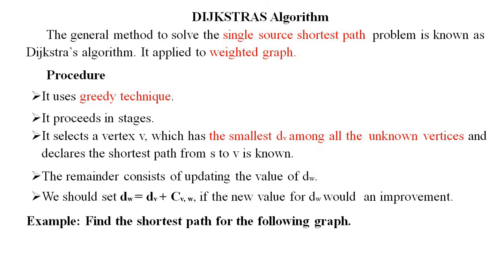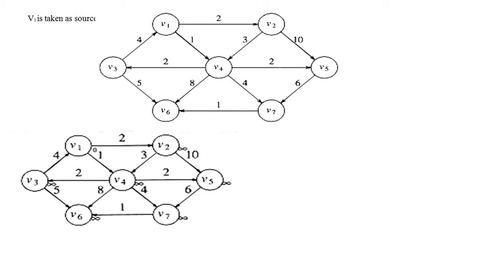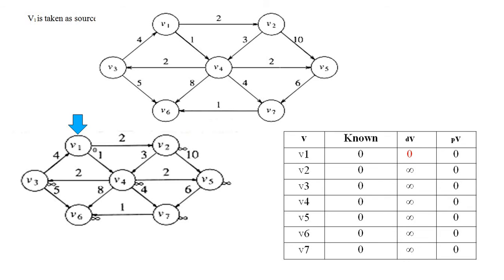Let's start with a small example. First, v1 is taken as the source vertex. Then we are going to make it as a tabular column. First, the vertex column is formed as v, and each known value is initially taken as 0.